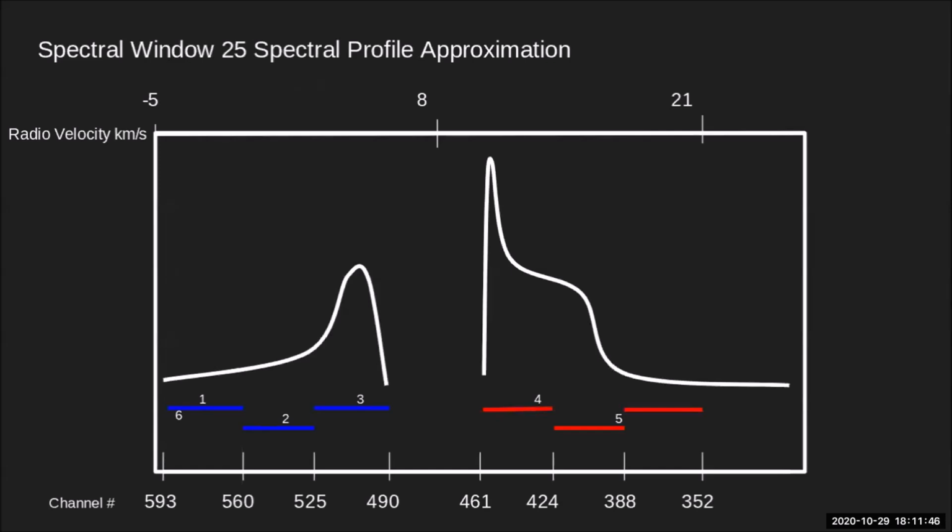So we have the first 3 blue-shifted, and then we have the red-shifted ones on 4, 5, and 6. Here, 3 and 4 are the low velocity, and 1 and 6 are the high velocity. And usually you see less high velocity emission because of the energy it takes to get the emission to that velocity.